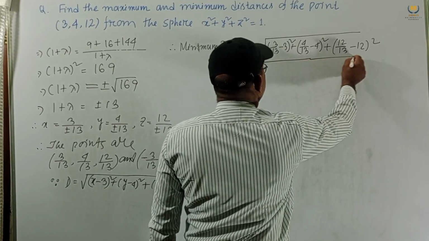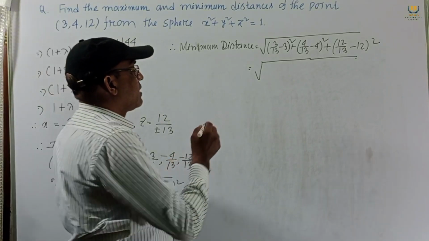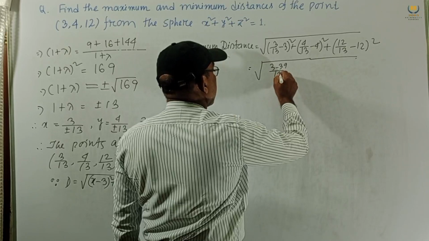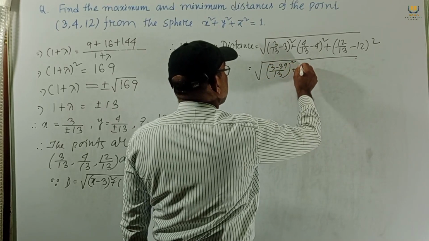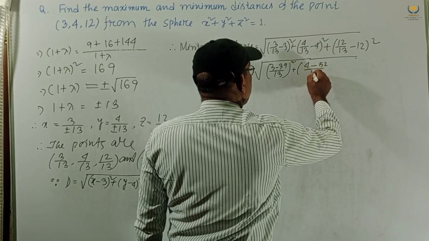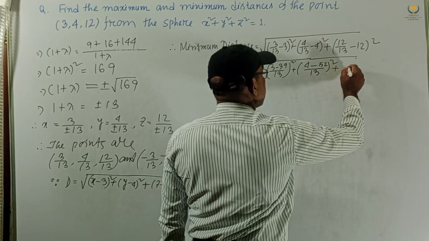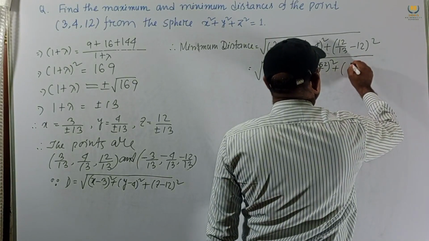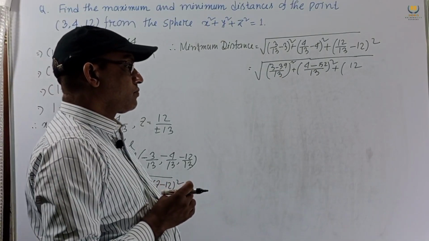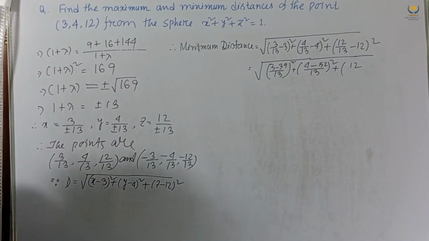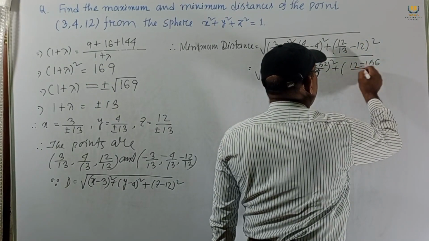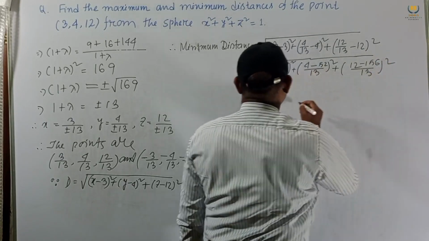If we calculate, this is 3 minus 39 by 13 whole square, 4 minus 52 by 13 whole square, and 12 minus 156 by 13 whole square.